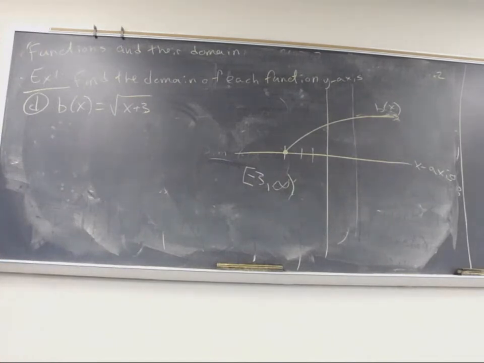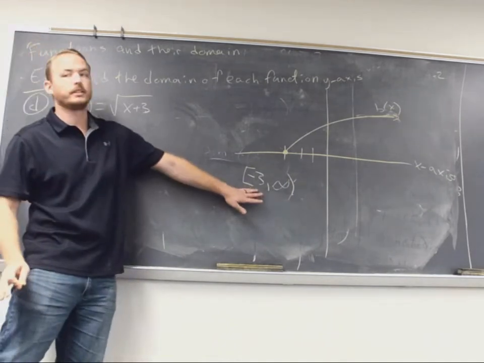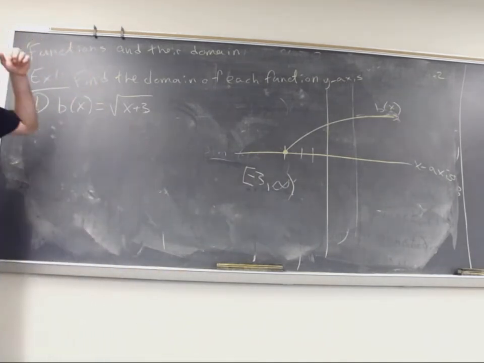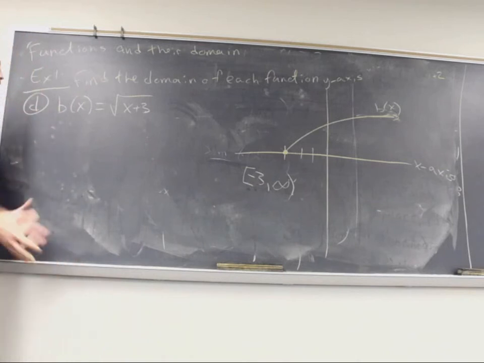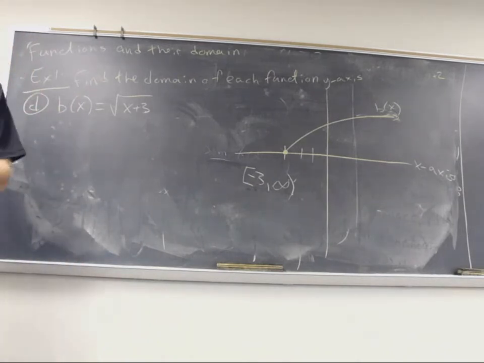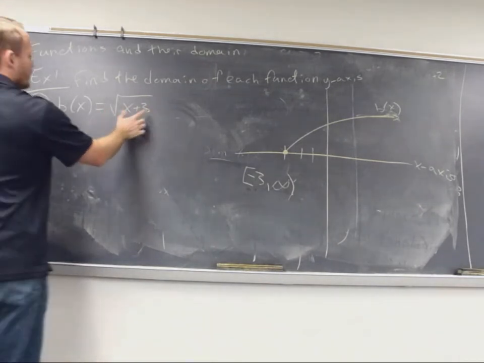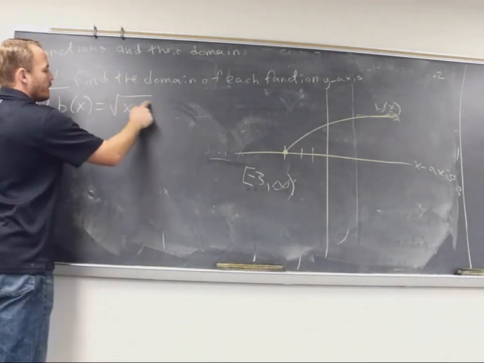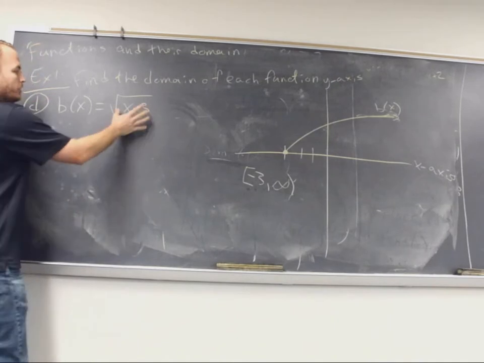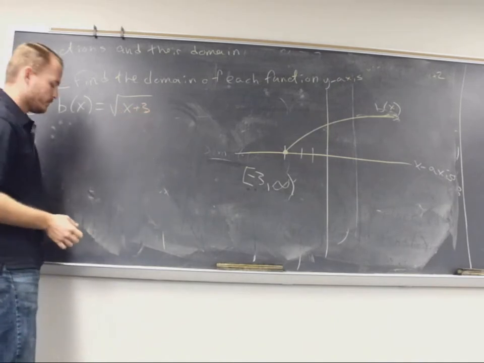All right, but if I need to see the work done, how do I determine my domain is this, just based on this function? So you have to know the property about square roots. With square roots, what values can you not take the square root of?